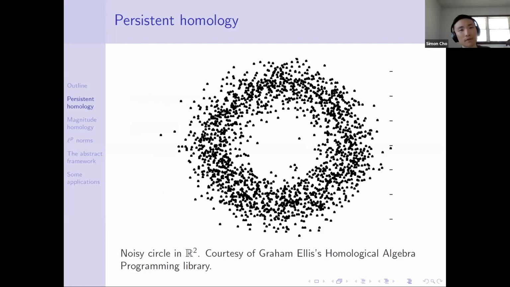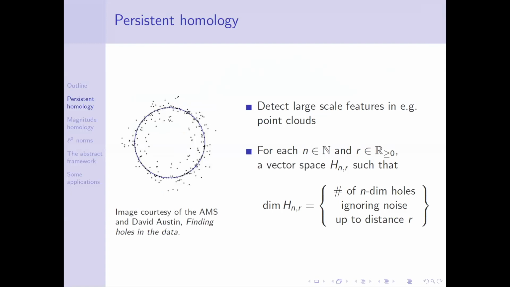Okay, so persistent homology. Here's a toy example of a typical use case. You have some data, it might be image data, it might have some noise, and you have what appears to be roughly a circle shape, and you want to be able to formalize that mathematically. That's what persistent homology does.